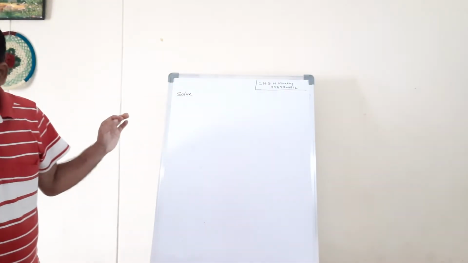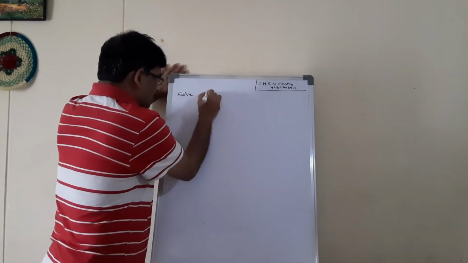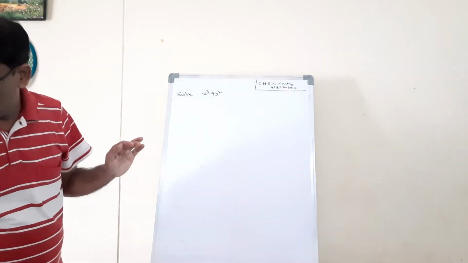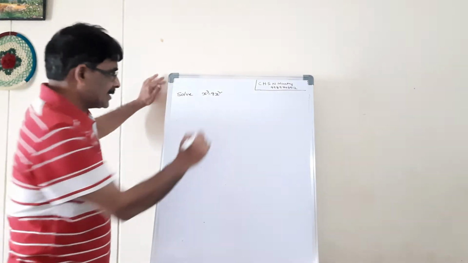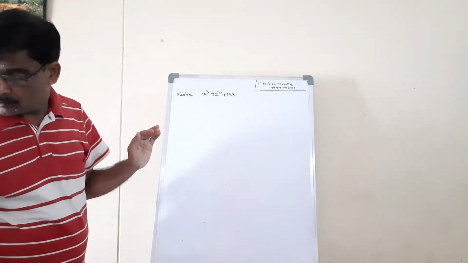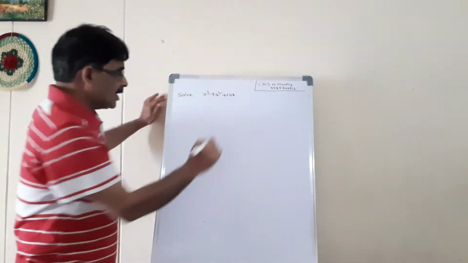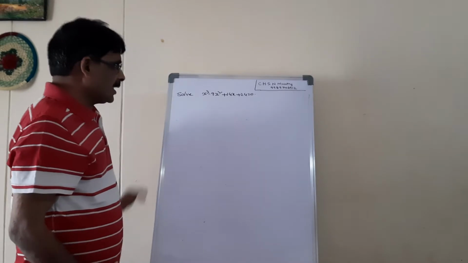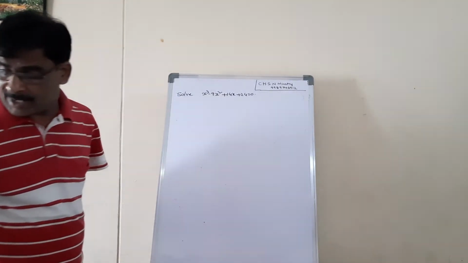Solve x cube minus 9x square plus 14x plus 24 equal to 0. See, this is the equation. Next, what is the condition?